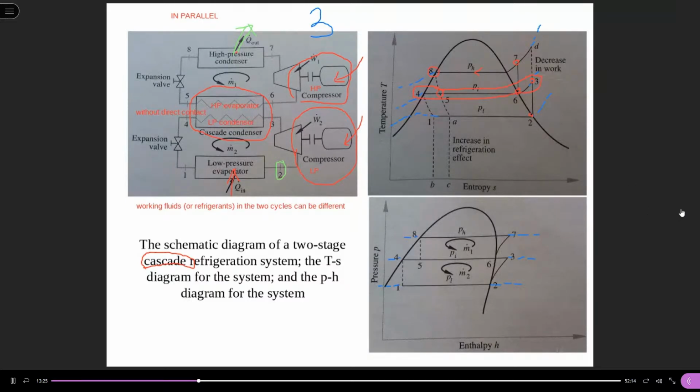This is for the high pressure loop. For the low pressure loop, after heat rejection, state 4 is wet saturated liquid, then a throttling process to state 1, and then this is the evaporating process.